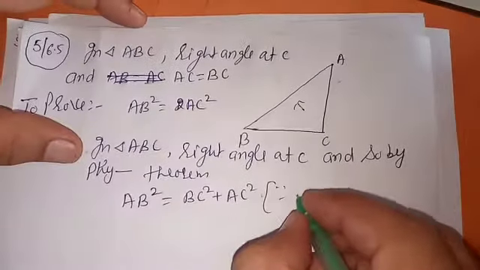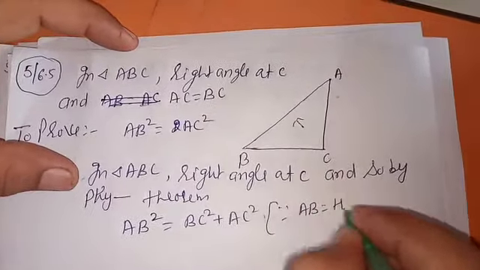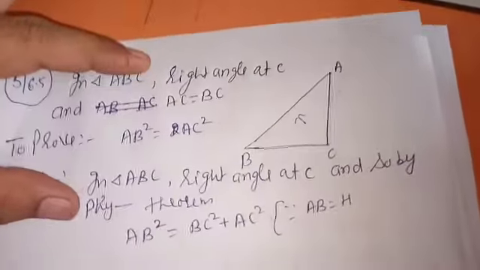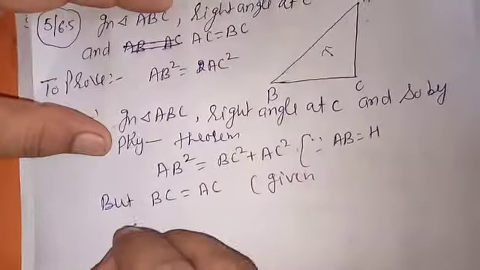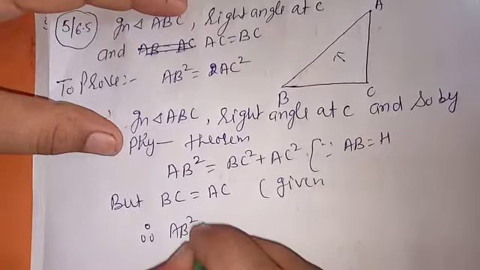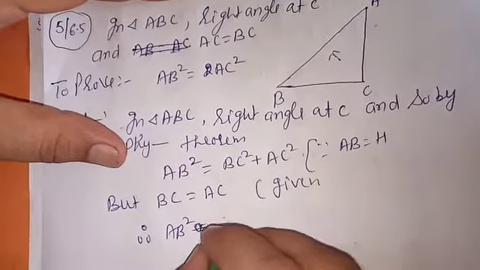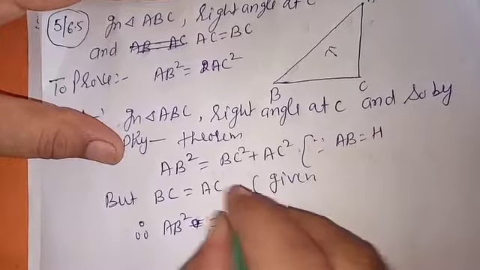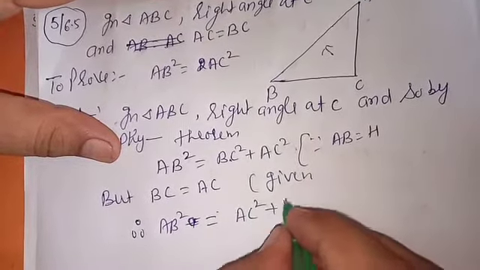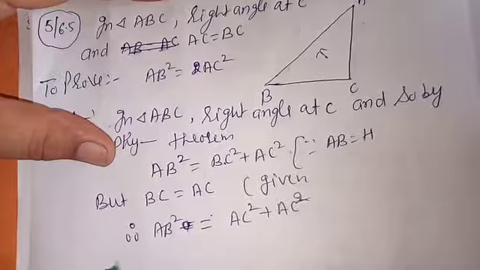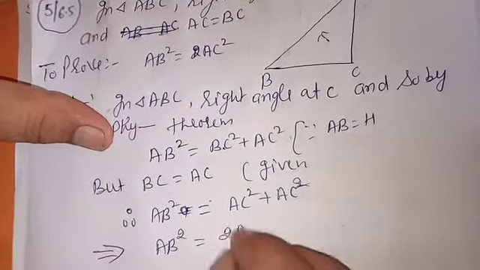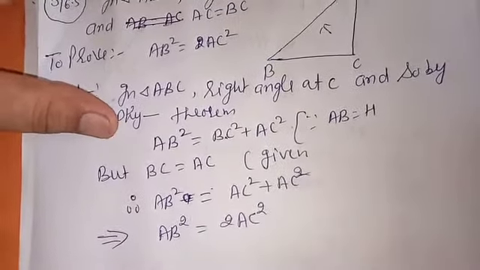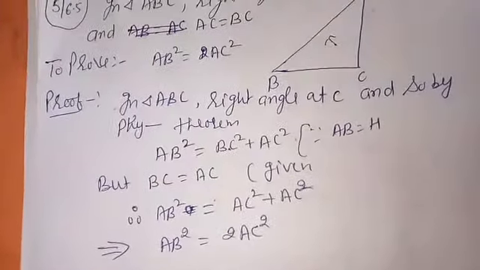Reason: AB is the hypotenuse, but BC equal to AC, this is given. Therefore, in place of BC, we can write AC: AC square plus AC square. This implies AB square equal to twice AC square. Understood or not understood?